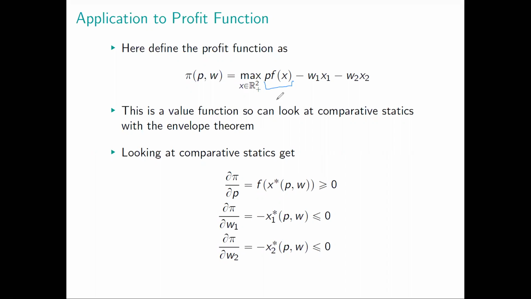The only thing that depends on price is this, and the derivative of this with respect to price is just our output. So the change in profit with the change in price is just equal to our output. And we can do the same thing for the input prices, and we'll find that the change in profit with respect to the input price is just exactly equal to our input.